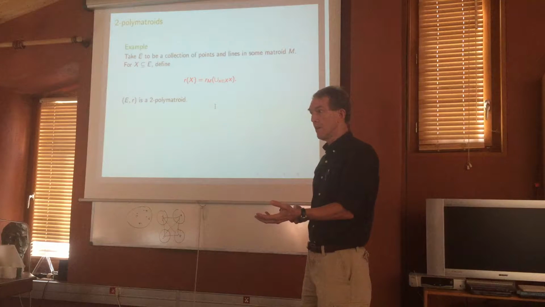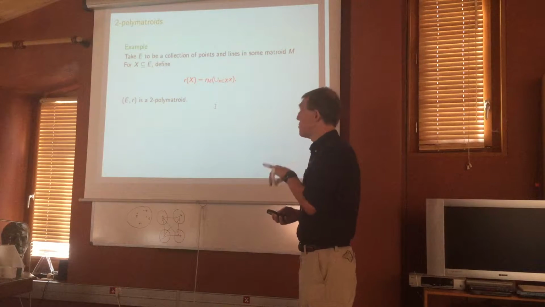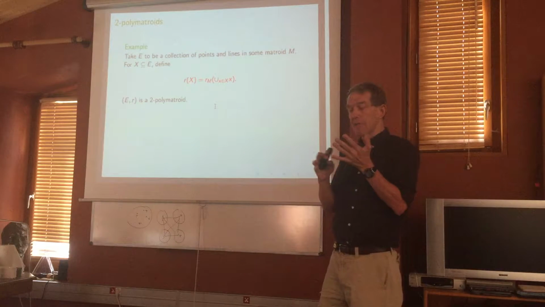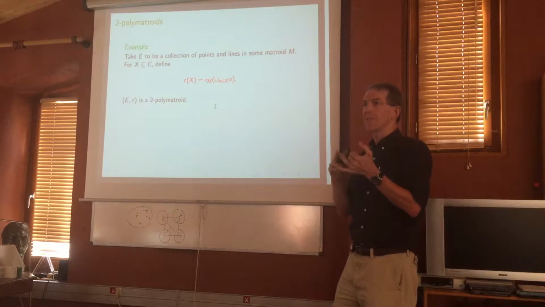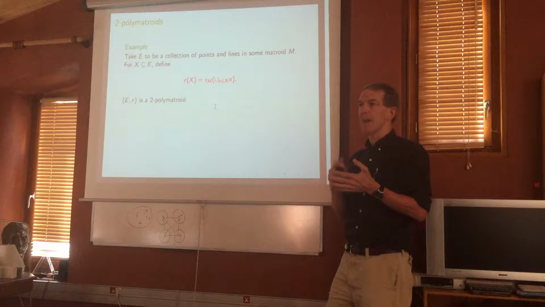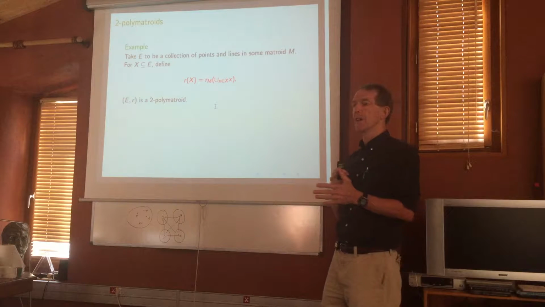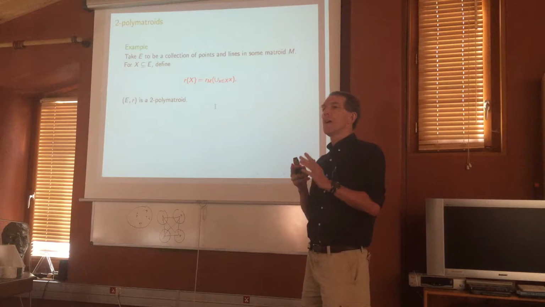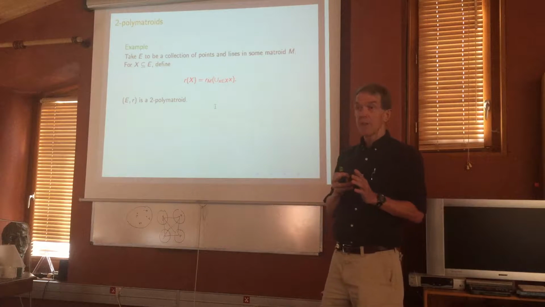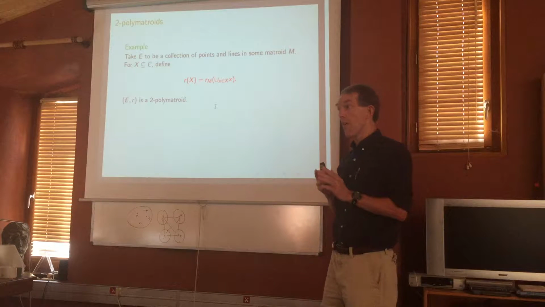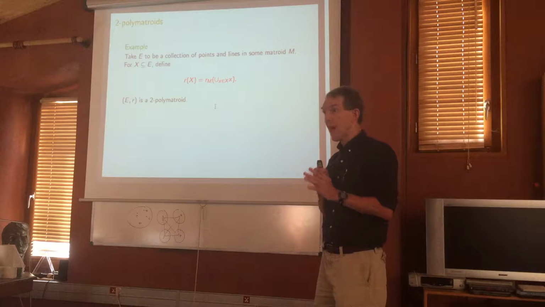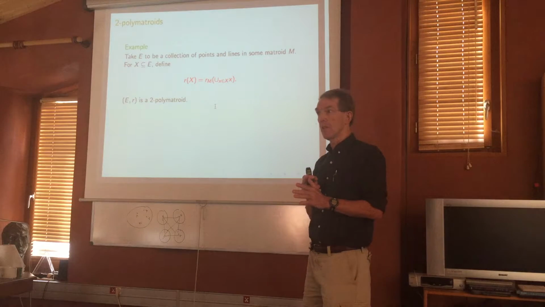Now, when you're dealing with matroids, you're familiar with bases and circuits and independent sets and rank function and closure and all this kind of stuff. With two-poly matroids and with polymatroids in general, you basically deal with the rank function. That's the primary thing that you're dealing with.